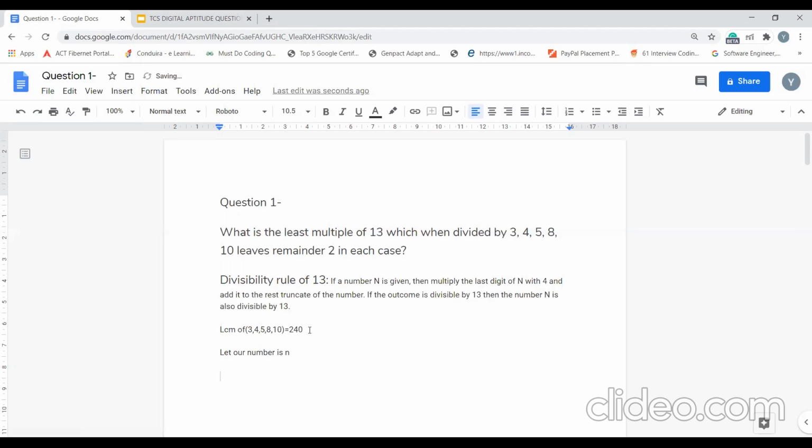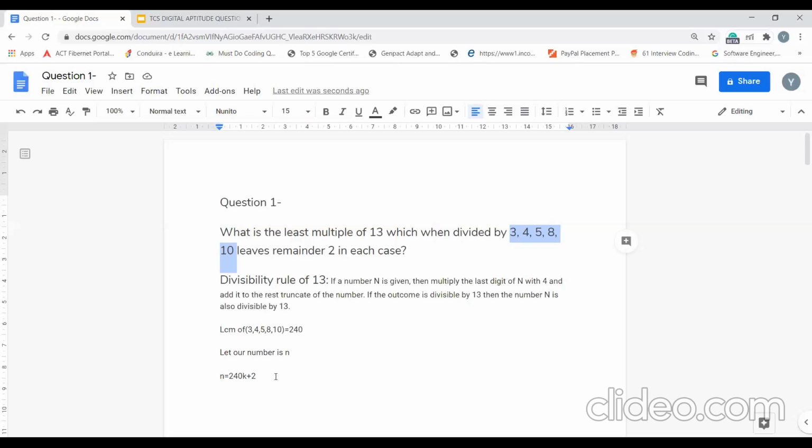So we can represent our number as n equals 240k plus 2. Why? Because our number is getting divided by all these numbers and also we are getting remainder 2. The LCM of 3, 4, 5, 8, 10 is 240, so the number is a multiple of 240 and also it will leave remainder 2.